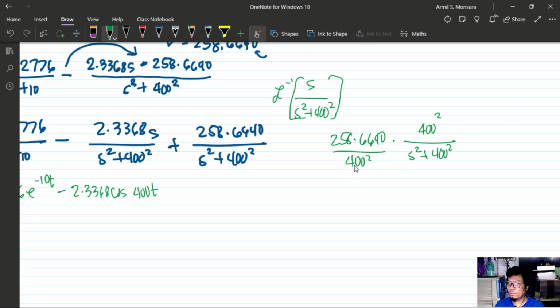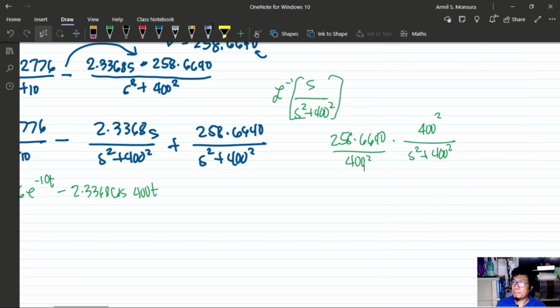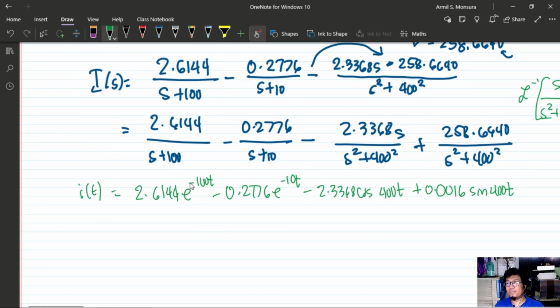So this is 0.0016, and the inverse of this is sine of 400t. Let's label this as I1 of t.